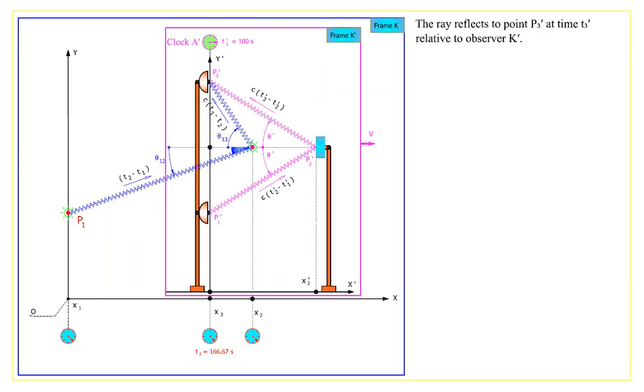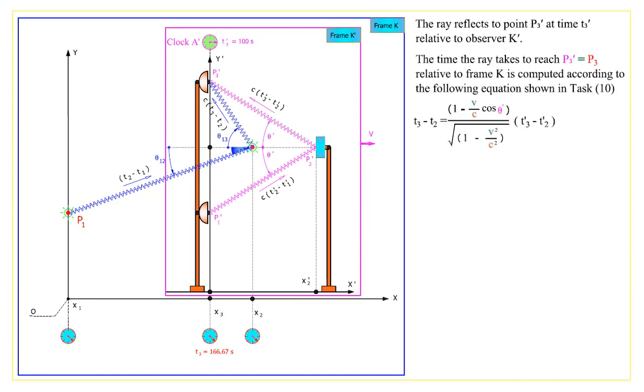The ray reflects to point P'3 at time T'3 relative to observer K'. The time the ray takes to travel from point P2 to point P3 relative to frame K is computed according to the equation shown in Task 10 and is found to be T3 minus T2 equals 30 seconds.